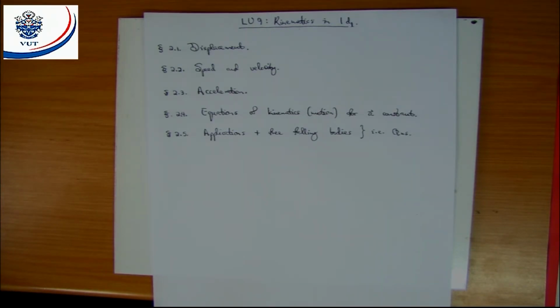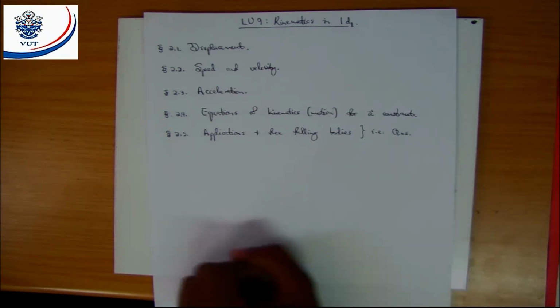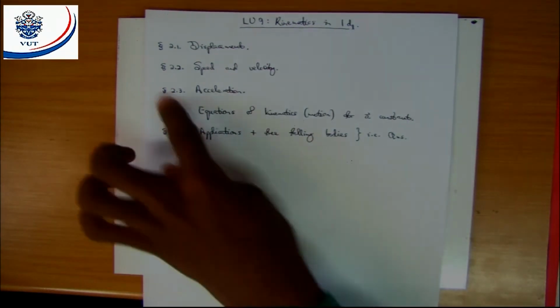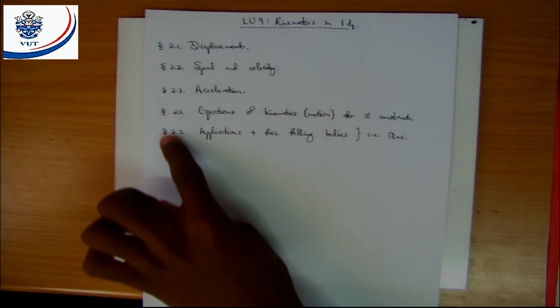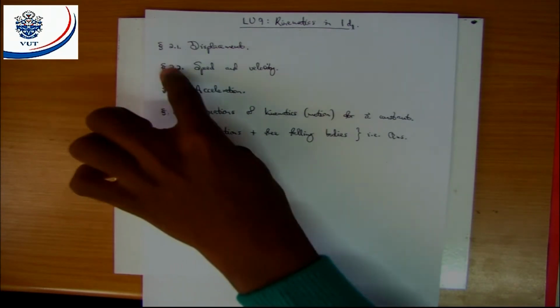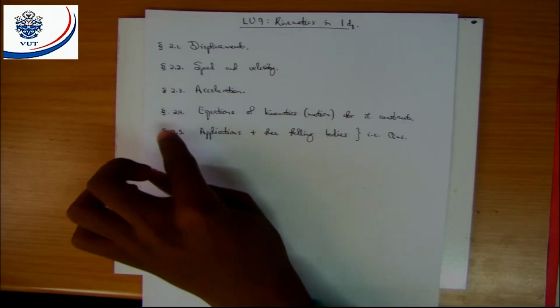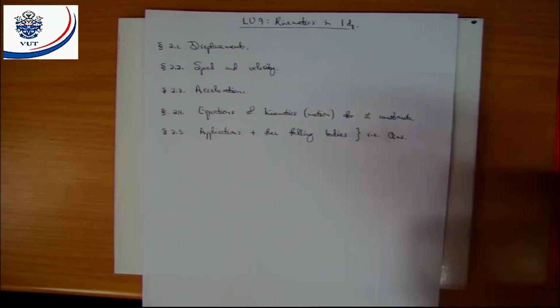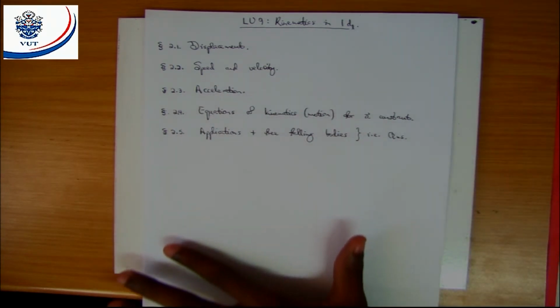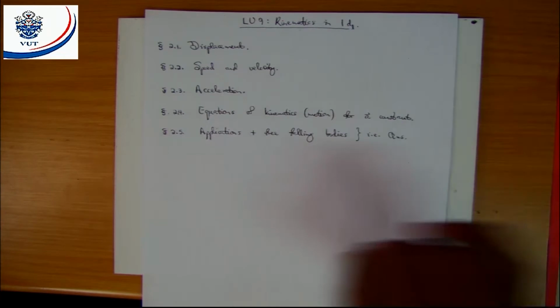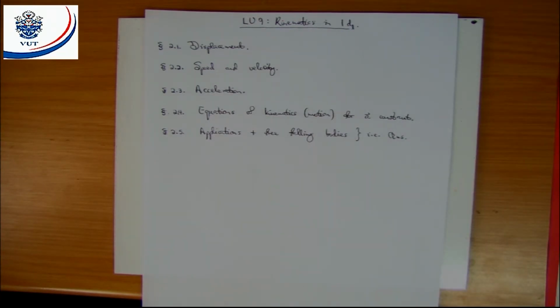Just a reminder, in your book we are looking at sections 2.1 all the way up to 2.5. If there is 2.6 or anything else, that means it's not part of the syllabus, so we don't cover that.